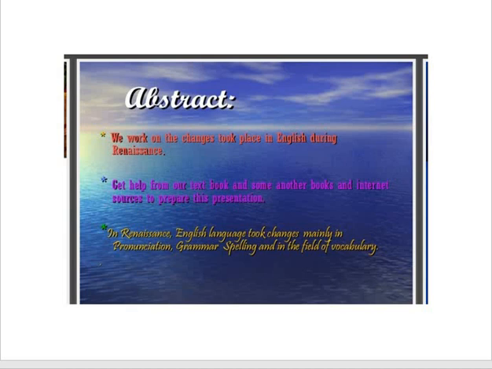So, abstract. We work on the change that took place in English during the Renaissance. First of all, I introduce to you what the Renaissance is. The Renaissance introduced the classical learning of Greece and Rome into England.